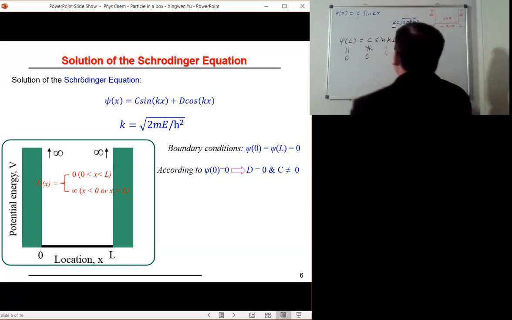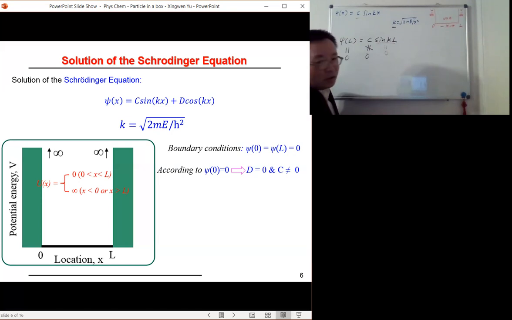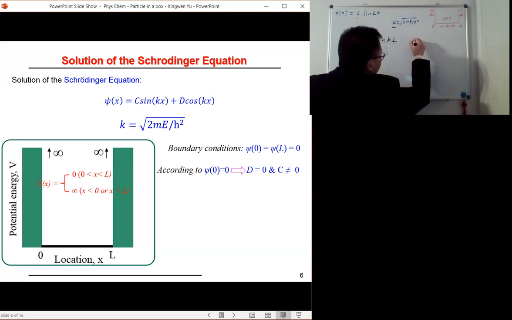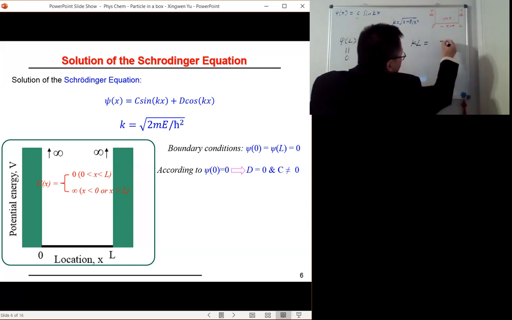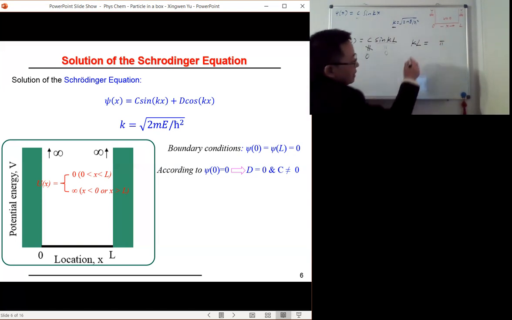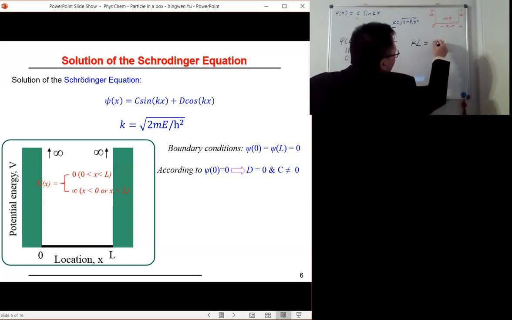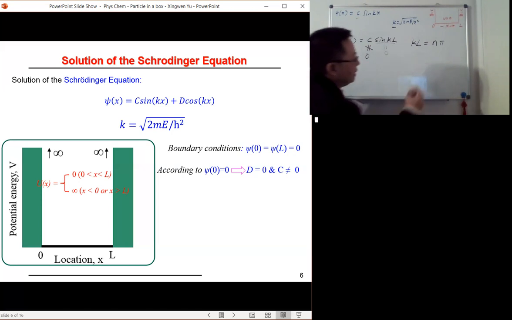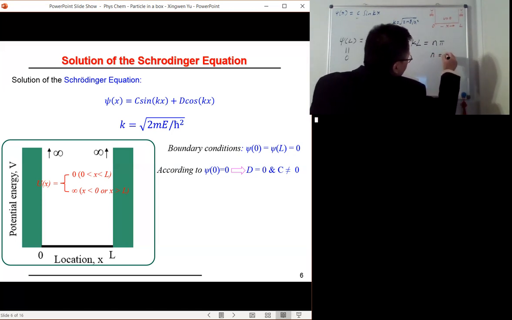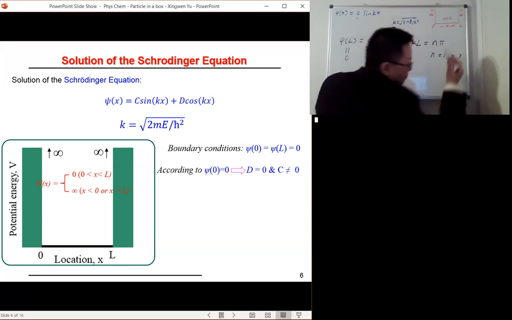How to satisfy sine KL is 0? That means KL must be an integer number times pi. So KL must be n pi, and n is an integer: 1, 2, 3, and so on.